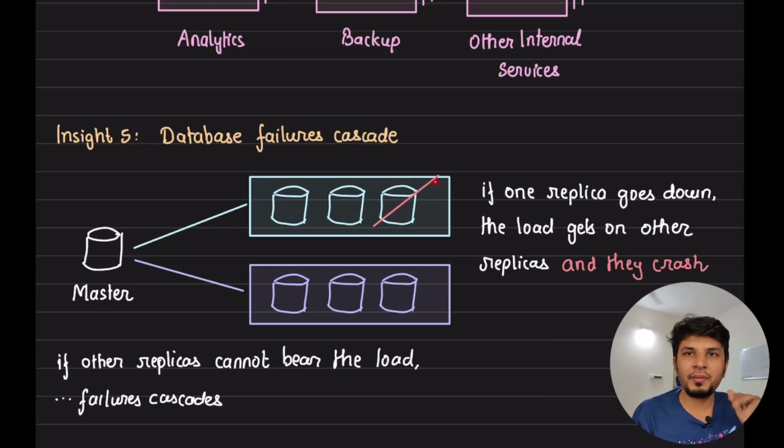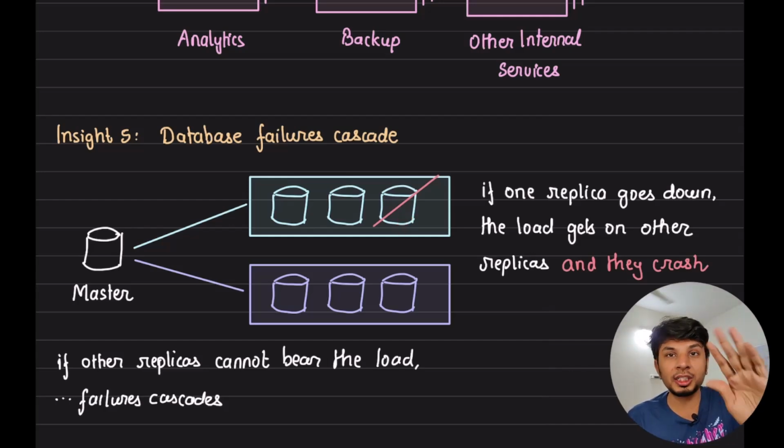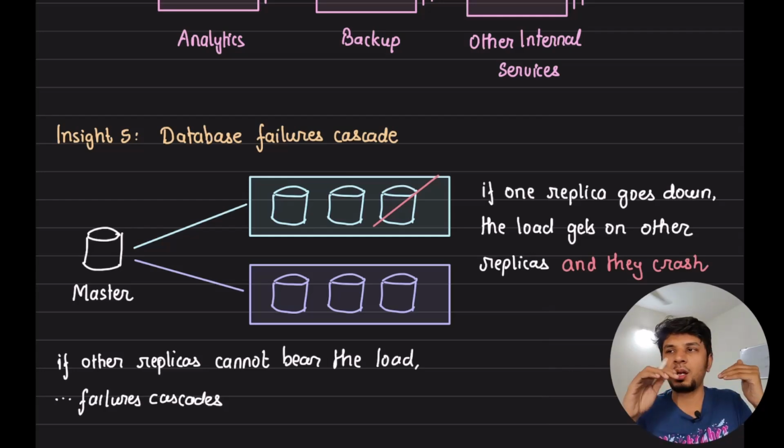One of the read replicas went down, right? So let's say you had 100% of read traffic, the 3 read replicas shared them equally. So 33%, 33%, 33%, right? So each read replica was supposed to handle only 33% of the traffic, and it was provisioned to handle 33% of load. So if it required, let's say 32 GB RAM, it was given 32 GB RAM to execute, right? There was no over provisioning done.